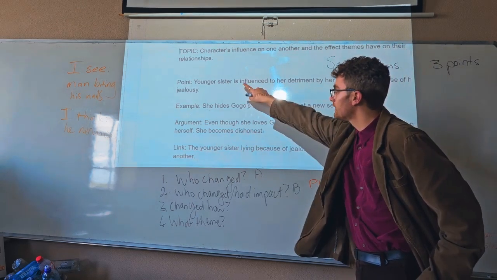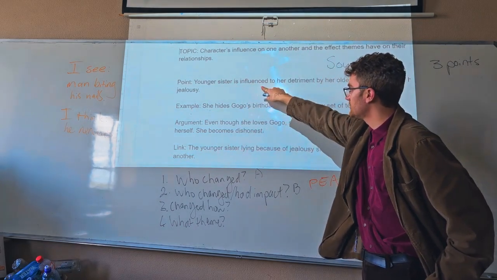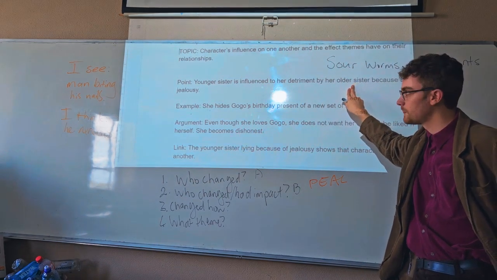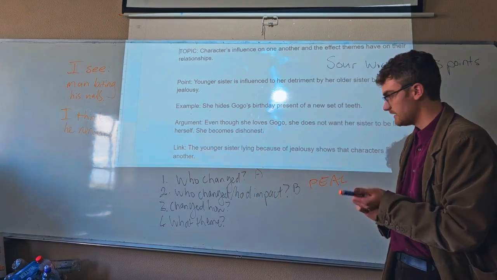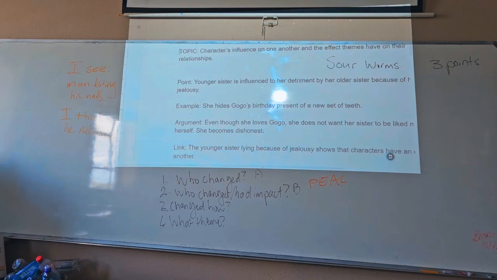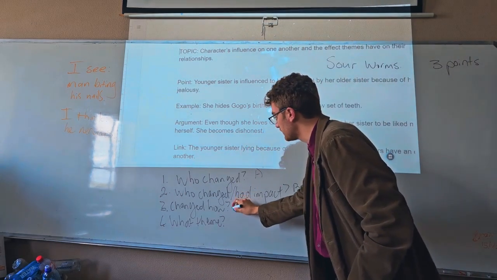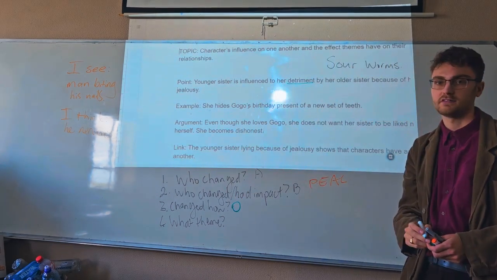So over here, we're mentioning that the younger sister, she was changed by her older sister, Nandi. How was she changed? Let me just color code this. So she was changed how? To her detriment.